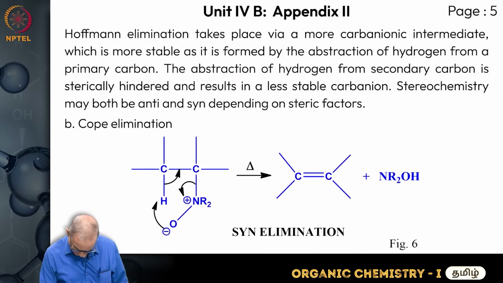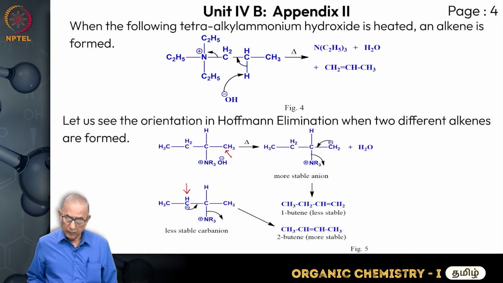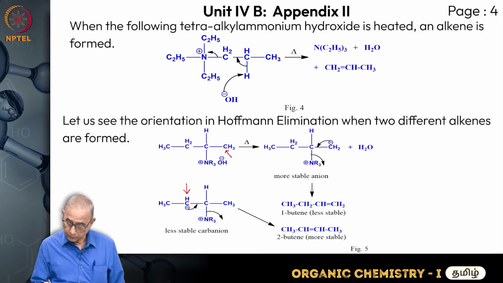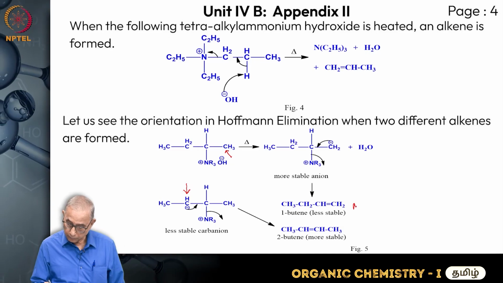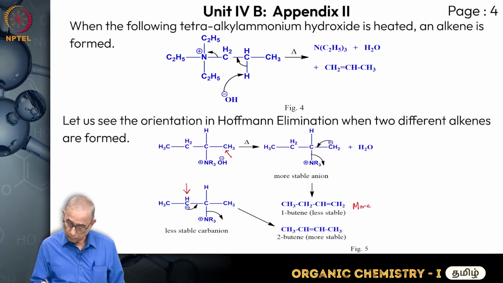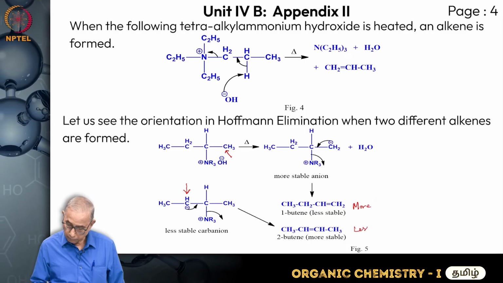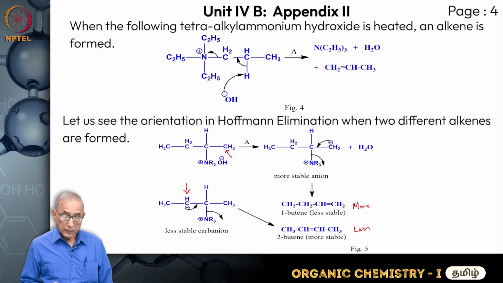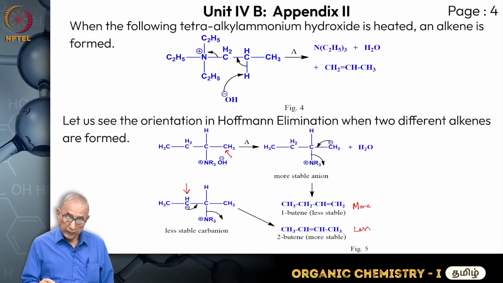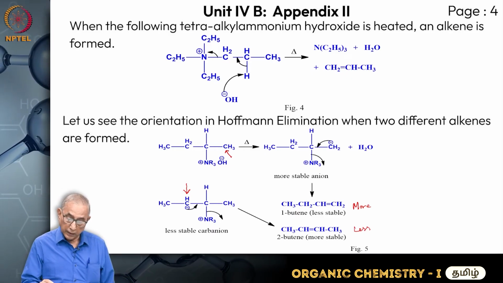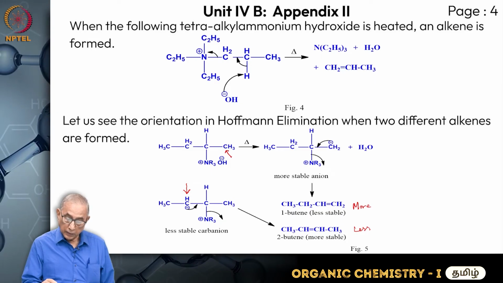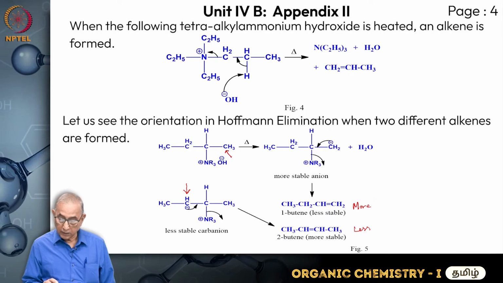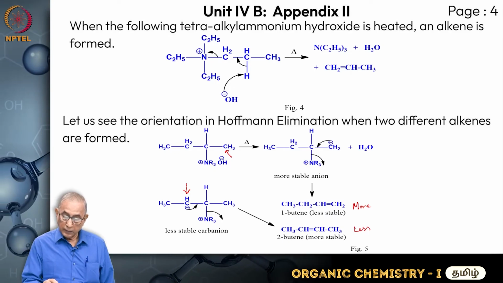And actually, in Hofmann elimination, this product is formed in greater amount, this is formed in lesser amount. This comes from the fact that the intermediate to this is this carbanion, which is substituted with only one carbon. Carbon is electropositive, it pushes the electron into this bond.